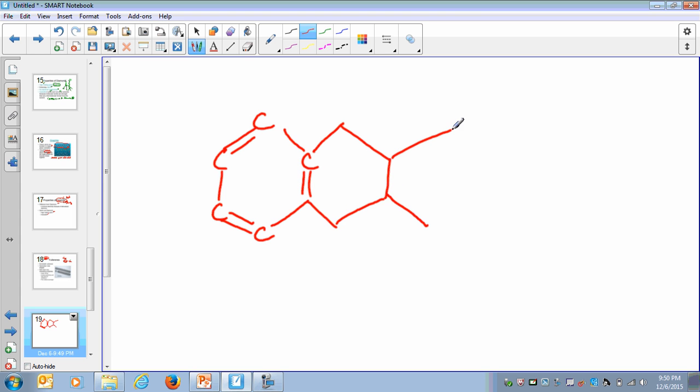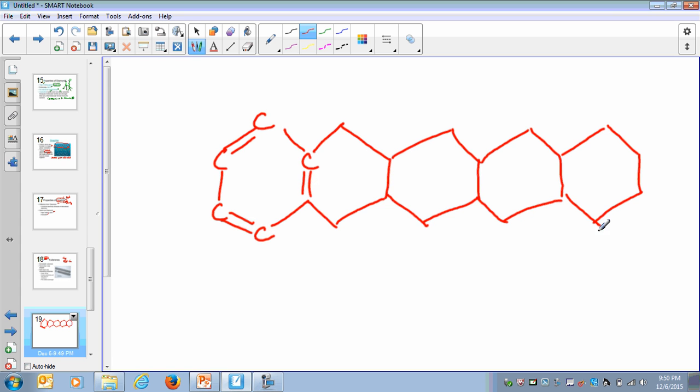If I keep doing this, each edge is representing a carbon atom. So if I take this long sheet, because of the pi bonds it has some flexibility, so I can keep building this.